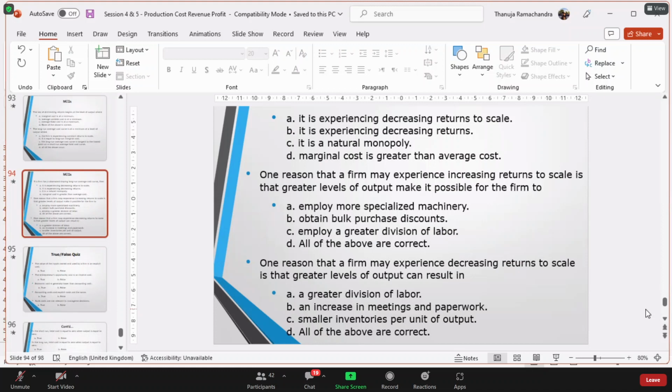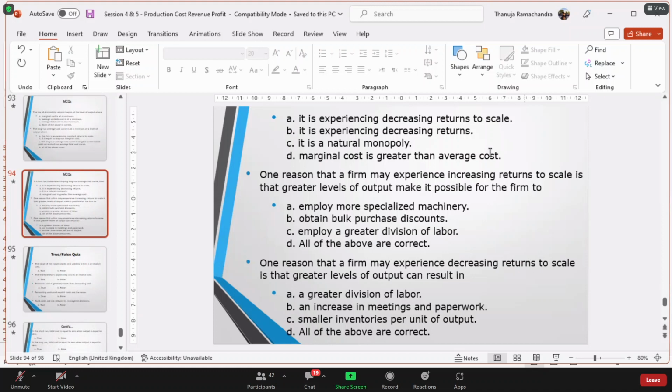So again, the reason for decreasing returns to scale. Wait, the first one is wrong. So definitely D won't be the answer. The correct answer is B, an increase in meetings and paperwork. Okay, so that is what happens when you go beyond a certain level.